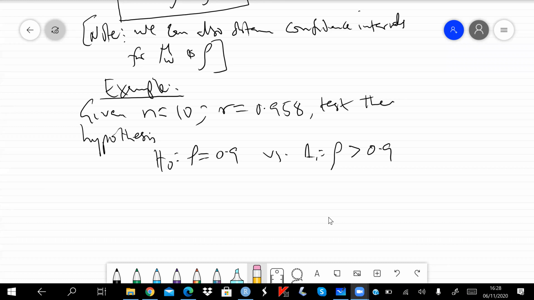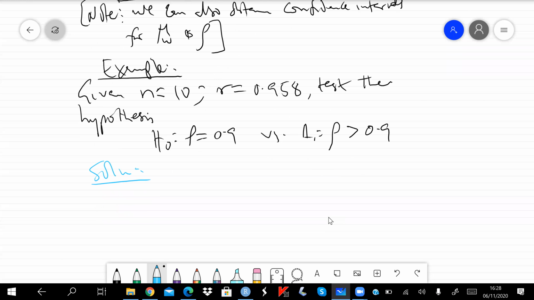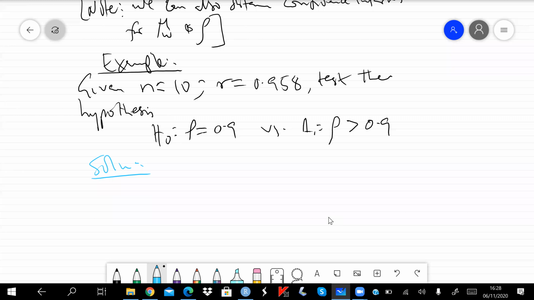So let's solve this example. Solution. We need the test statistic here. So we need W, and we shall be using the calculators to quickly obtain these values. We said to use the hyperbolic function, HYP, usually in small letters.